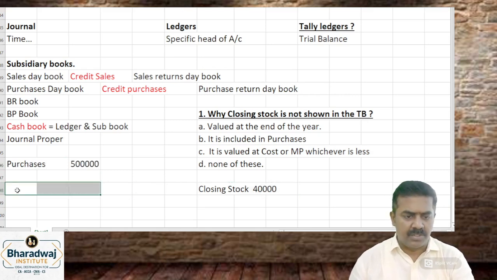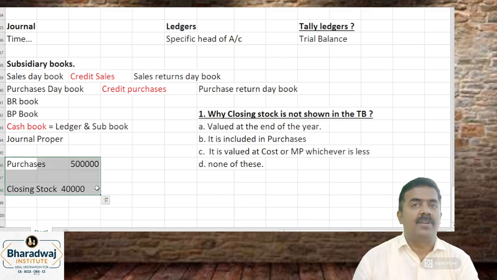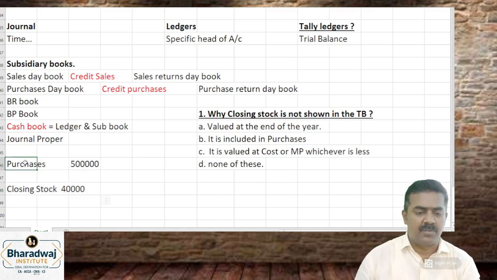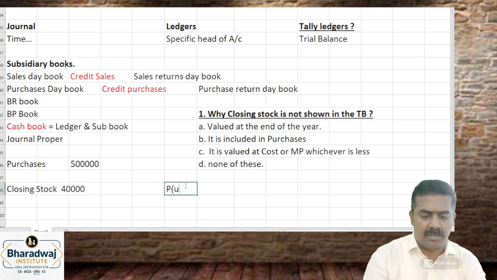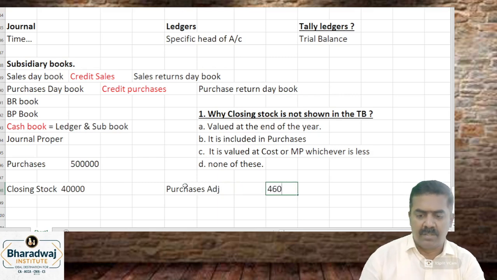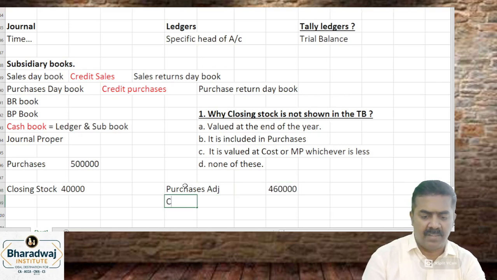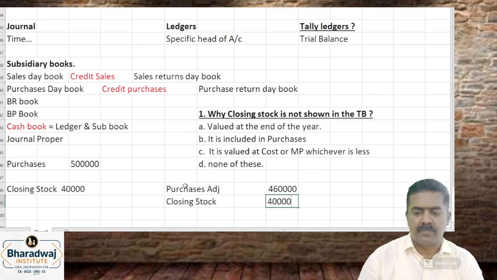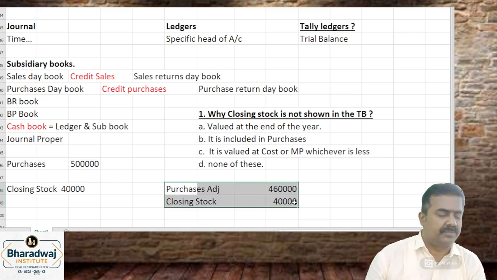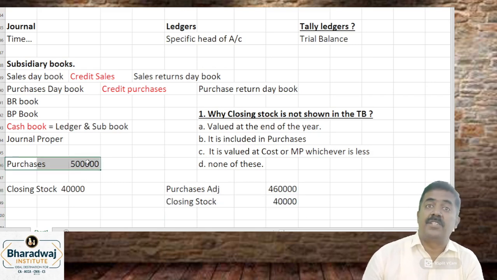To show it inside, purchases are taken as purchases minus closing stock. Purchases adjusted would be 5 lakh minus 40,000, which is 4,60,000. Then you can show the closing stock of 40,000 inside the trial balance as well. The total is 5 lakhs.